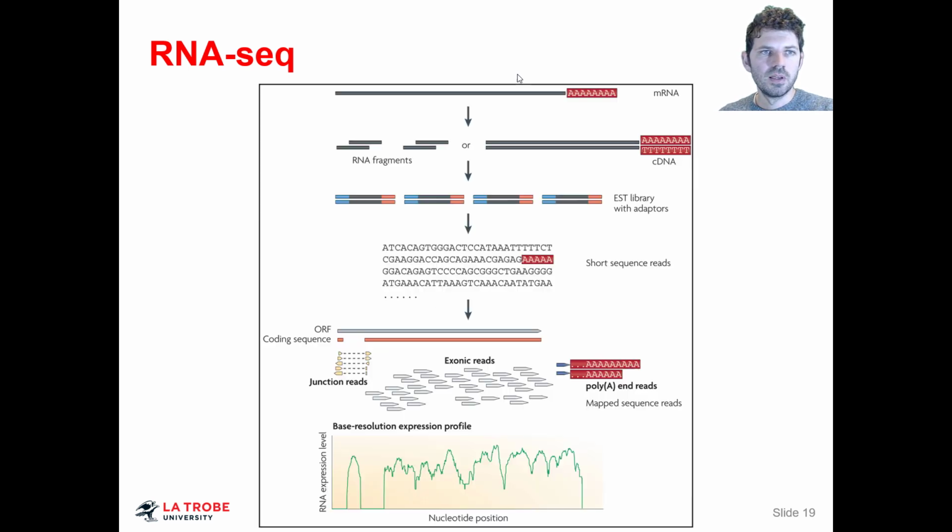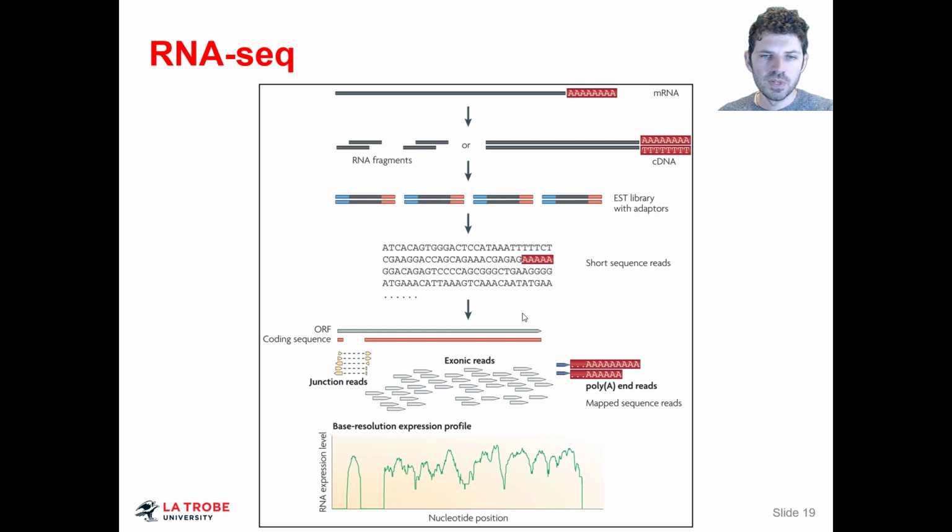So this is a simplified visualization of how that would occur. You've got some mRNA. This is from a eukaryote, so it's got a poly A tail. You can fragment your RNA or reverse transcribe it to cDNA, add your adapters, so this is for an Illumina-based run, and obtain your sequence information after next-gen sequencing.